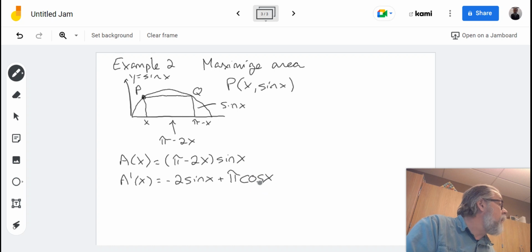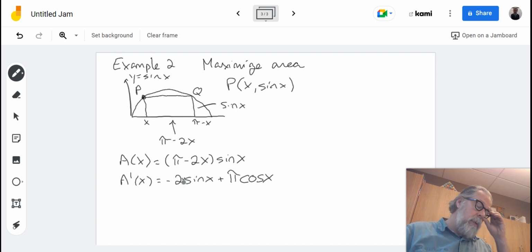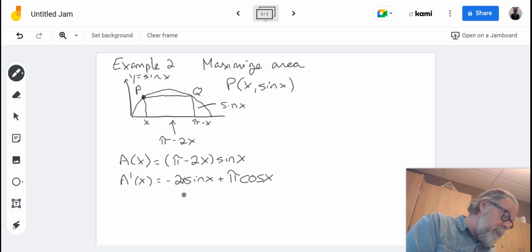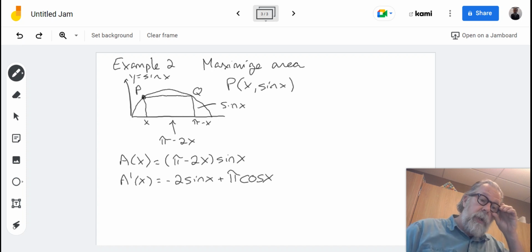I'm missing something in my notes. Oh, -2x sine of x. Nope, sorry. I was right to begin with. Don't know what I did there. We'll just undo inserting that x. I was thinking about the function, not the derivative.